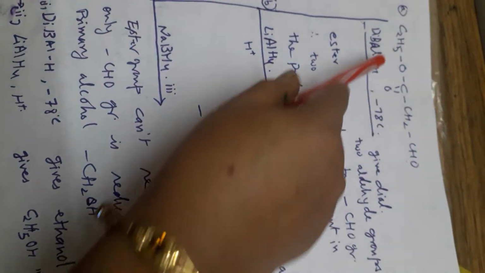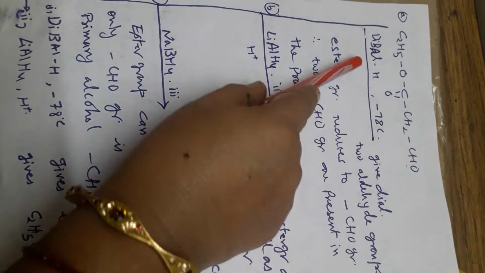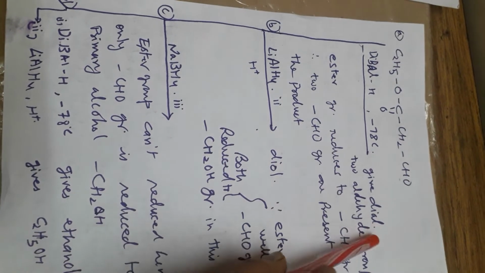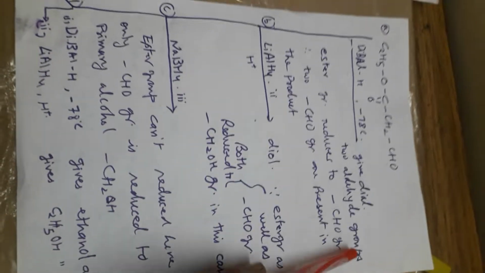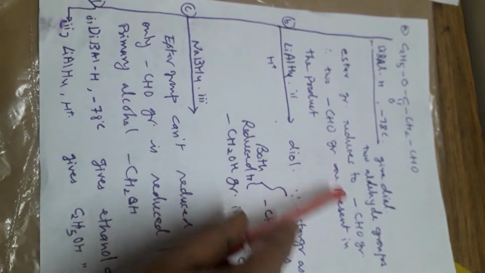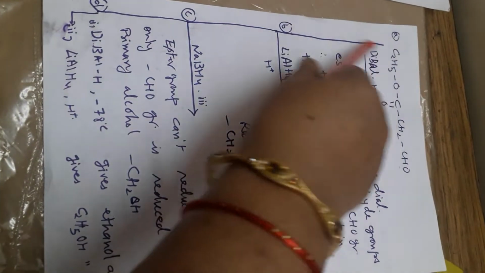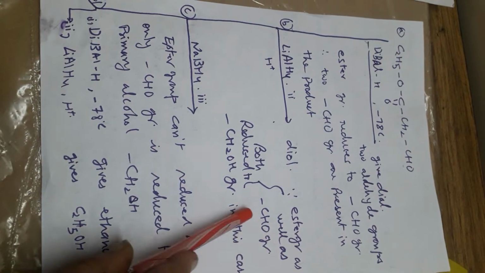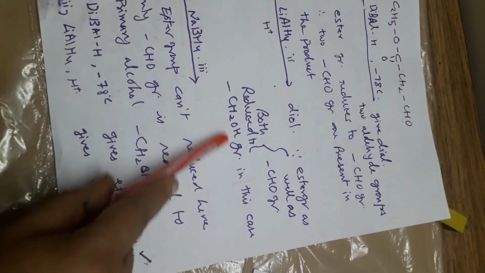Now I will summarize this in this way. See, I have given the same molecule, DiBAl-H and minus 78 degrees C. This is a quick revision. Give diol, that is 2 aldehyde groups are present over here. The ester group reduces to a CHO group, so there are 2 CHO groups present in it. Now the same compound reacts with LiAlH4, and we will get a diol. The ester group as well as the CHO group is reduced into a CH2OH group.